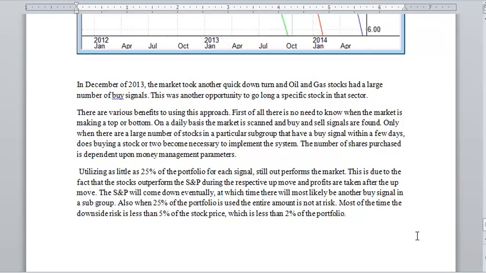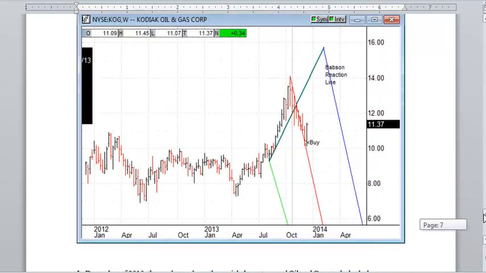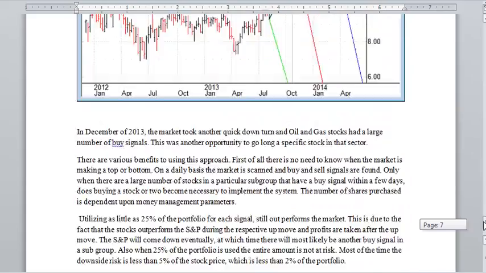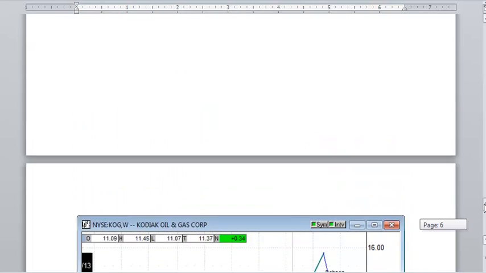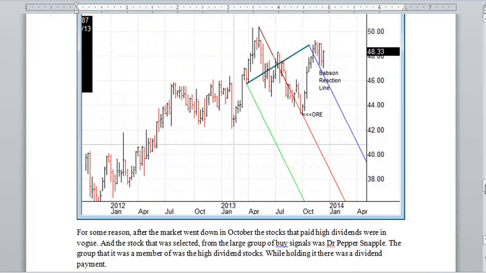And there's really another benefit to it, and that is that while doing stocks is nice and wonderful, this way you don't have to do a lot. You can only pick a few that wind up being a member of the group that wind up having a lot of signals.